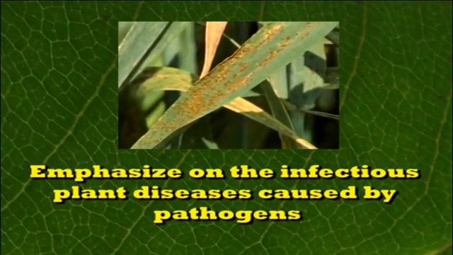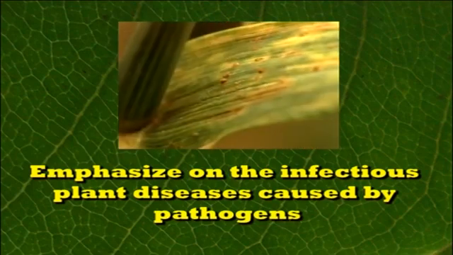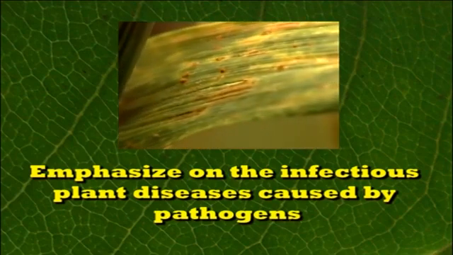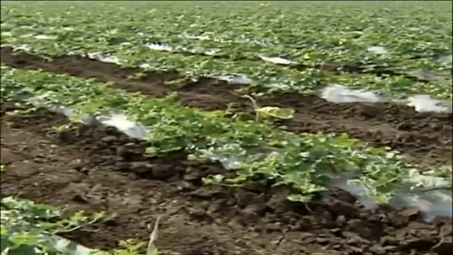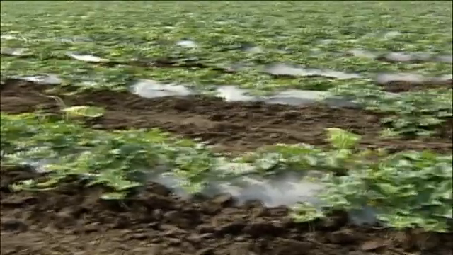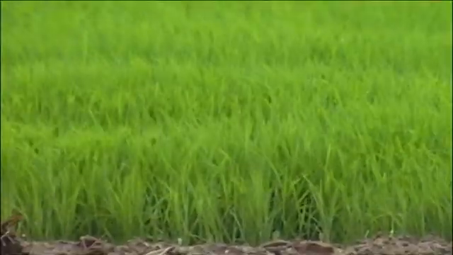Here we emphasize the infectious plant diseases caused by pathogens. An infectious disease results when a pathogen lives in close association with the host plant. The pathogen functions as a parasite, since this relationship usually benefits the pathogen at the host's expense.